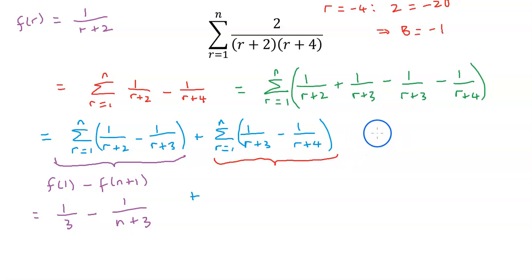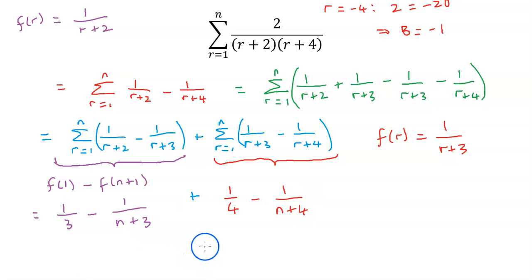So clearly for this one here, our function is going to be f of r is equal to 1 divided by (r plus 3). And so this sum here is going to be f of 1, so 1 divided by 4, and then minus 1 divided by (n plus 4).